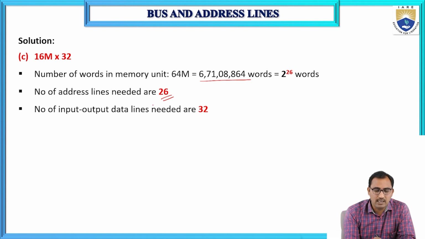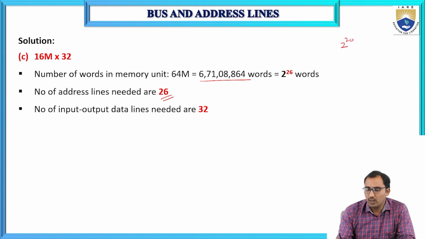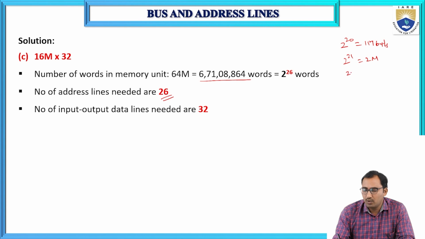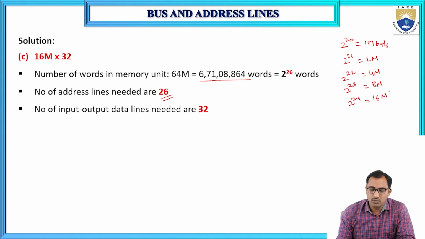In order to access it we need address lines as follows: 2 power 20 is 1 megabyte, 2 power 21 is 2 mega, 2 power 22 is 4 mega, 2 power 23 is 8 mega, and 2 power 24 is 16 mega.